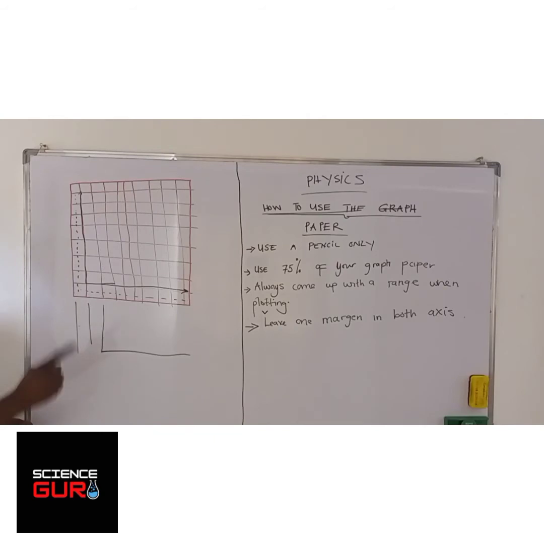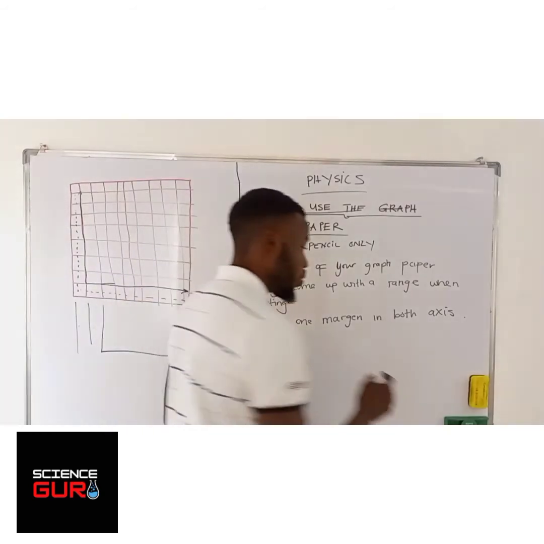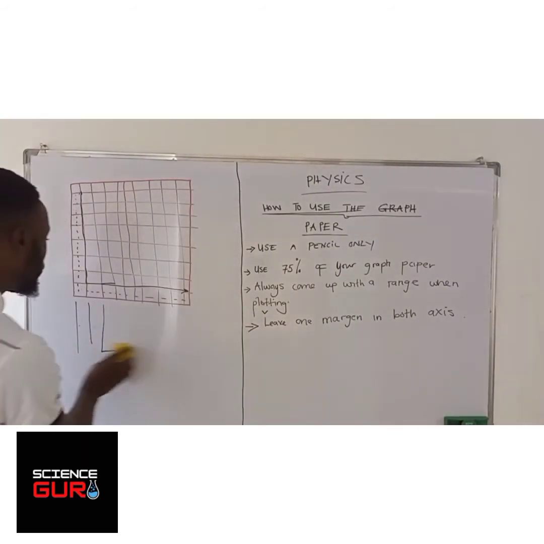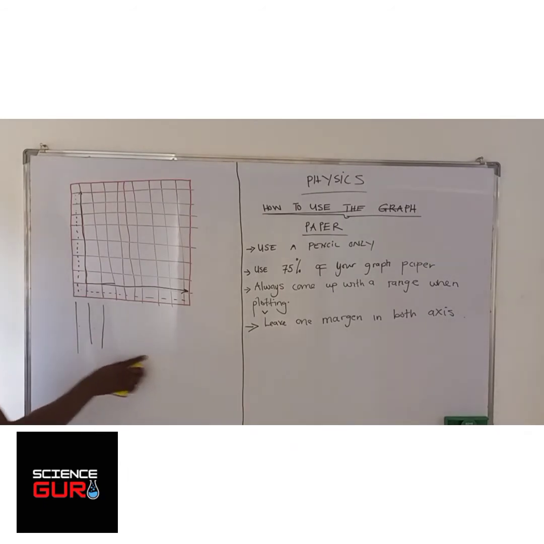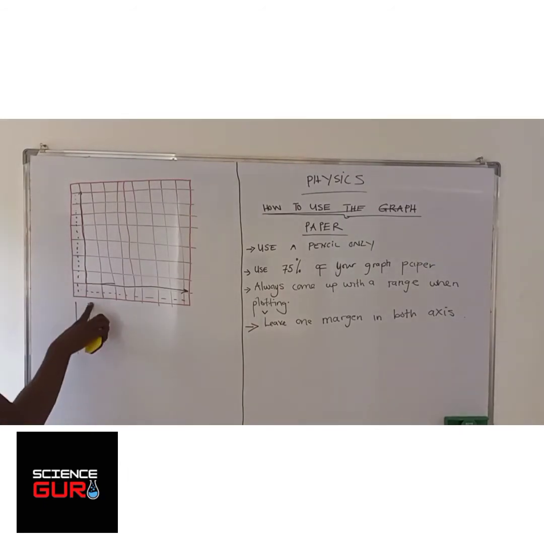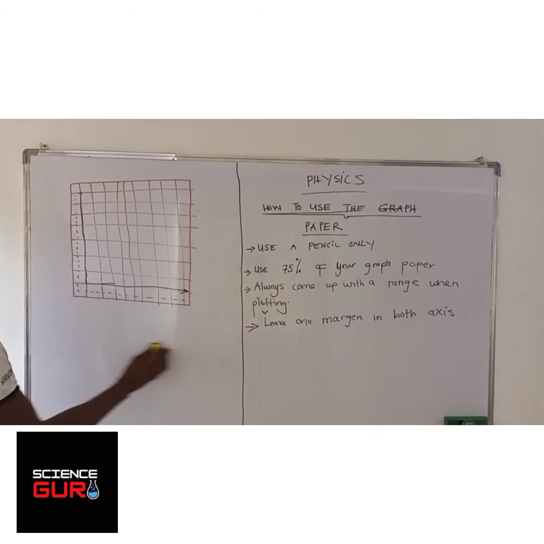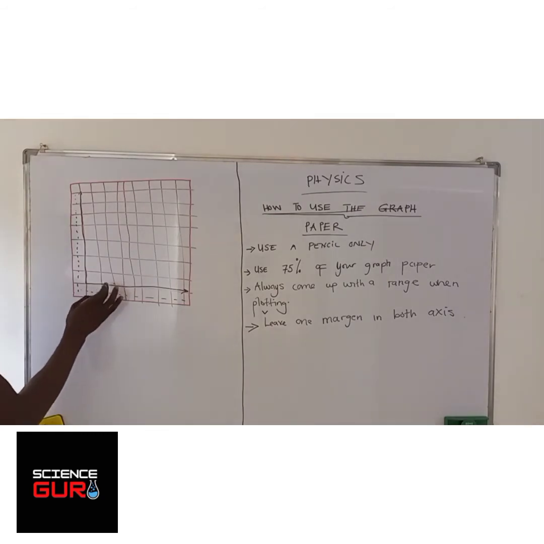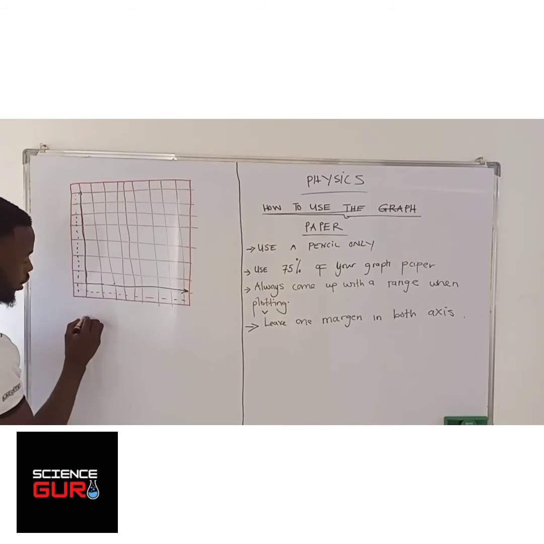In physics, your graph is wrong. So you leave only one margin in both axes, from the y direction up to the x direction.